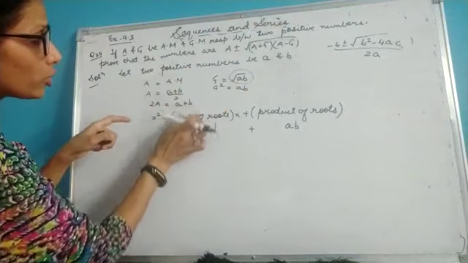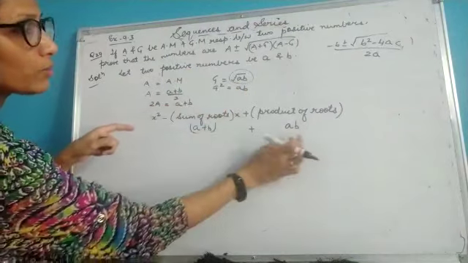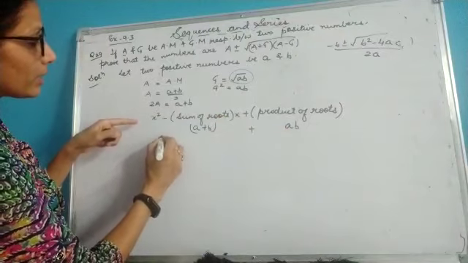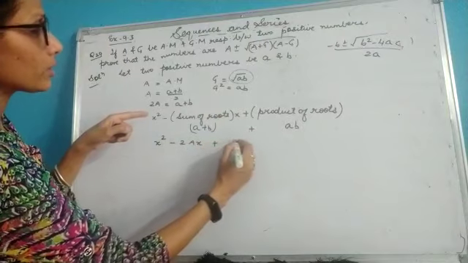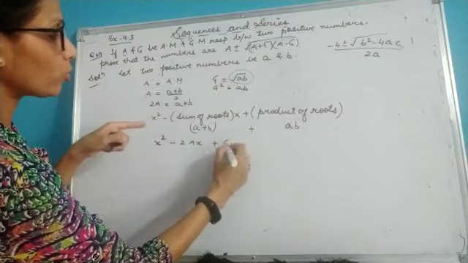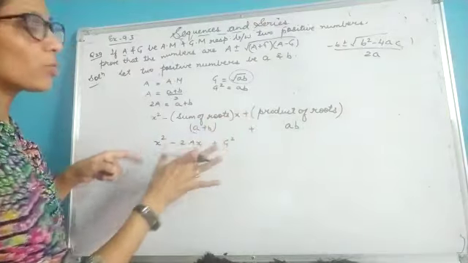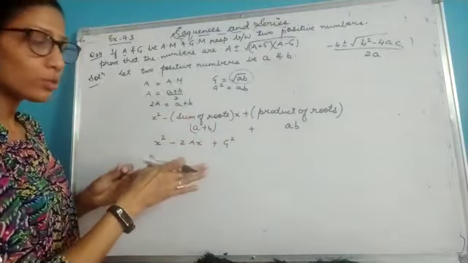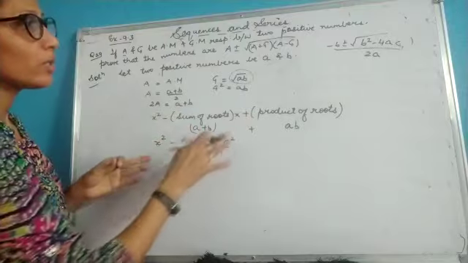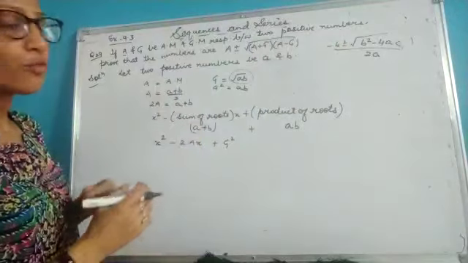Now I will substitute the value of a plus b and ab. So I will be getting x square minus 2a x plus g square. Now this is your quadratic polynomial, and if you want to find out the roots of this polynomial or equation, then you can apply this formula.